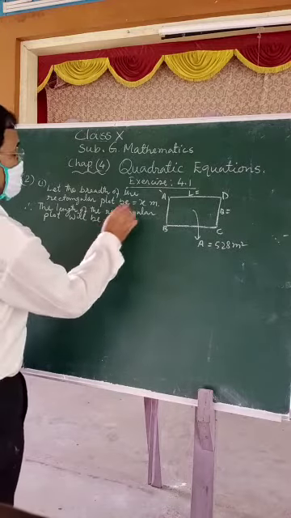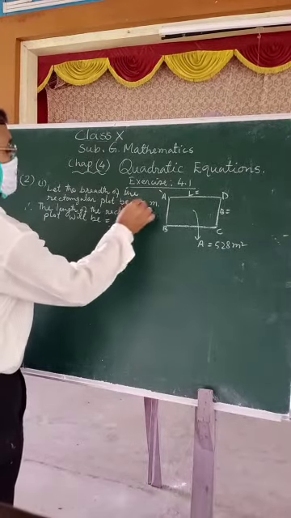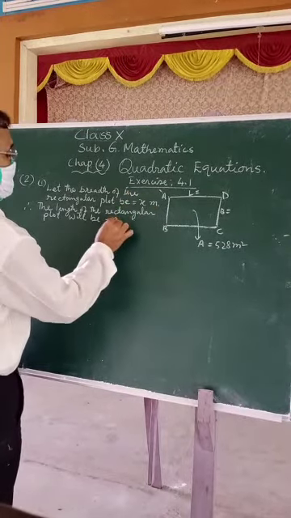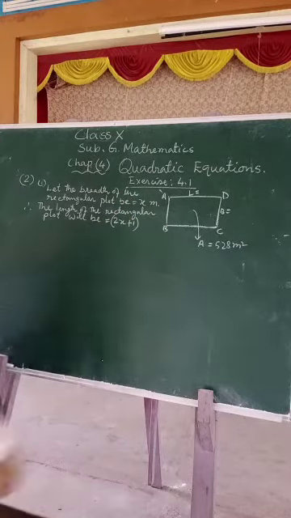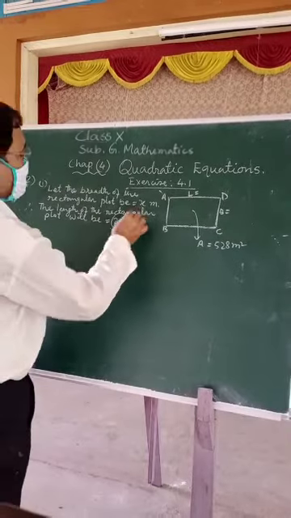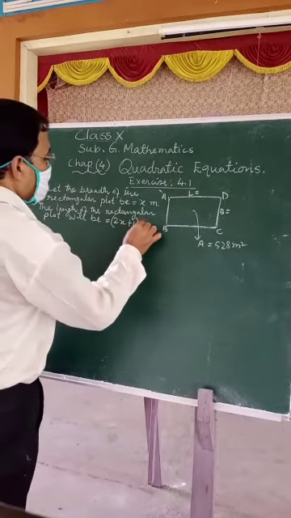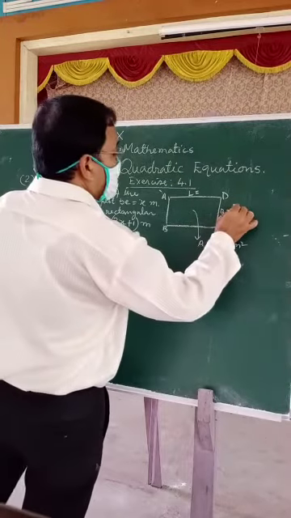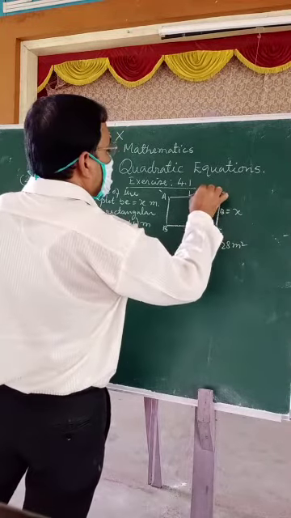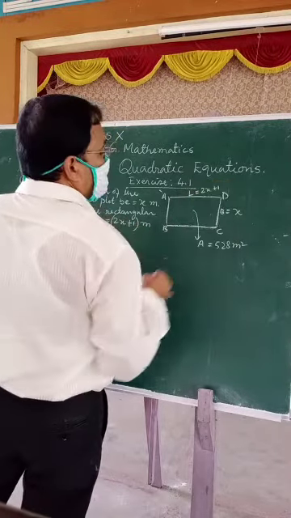So it will be twice the breadth plus 1: twice x plus 1 meter. So if the breadth is x, then the length is twice x plus 1.